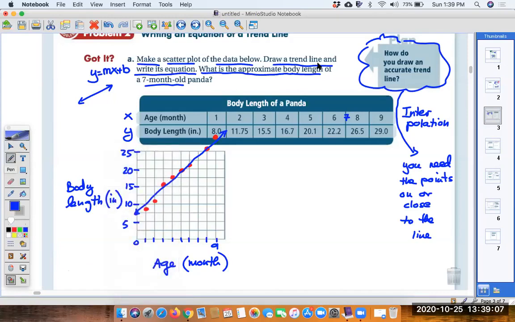Okay, draw a trend line and write the equation. Here comes the hard part. You ready? I'm going to give you steps. The first thing is you have to find the slope. What you need to do is pick 2 points close to or on the line.